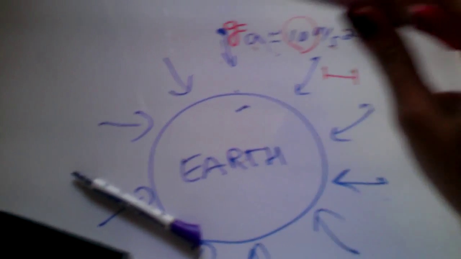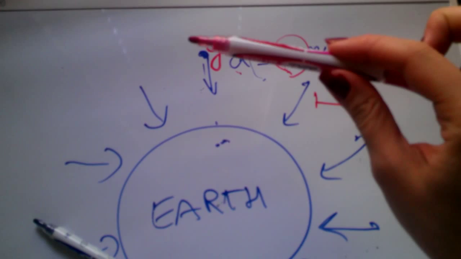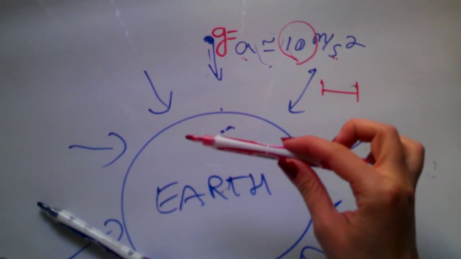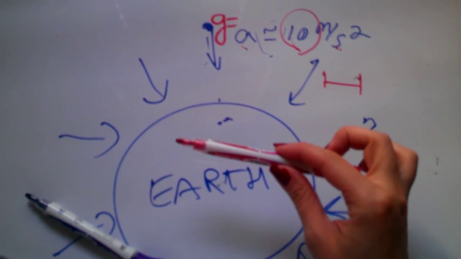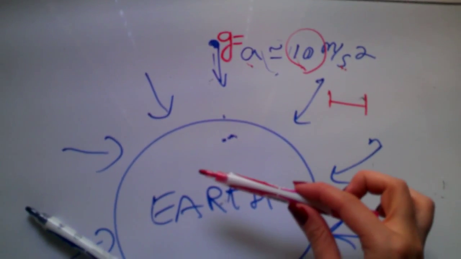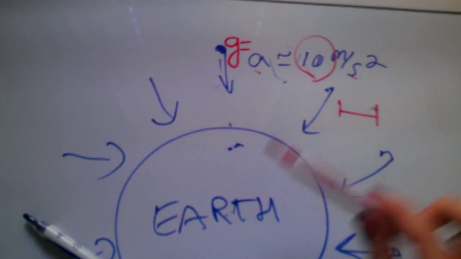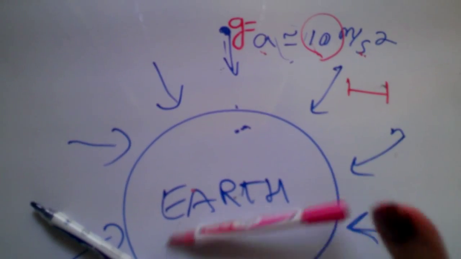Let's say I'm dropping it from a velocity of 0. After 1 second, it earns a velocity of 10 meters per second. The second after that becomes 20 meters per second. Another second becomes 30 meters per second, till it hits the ground.